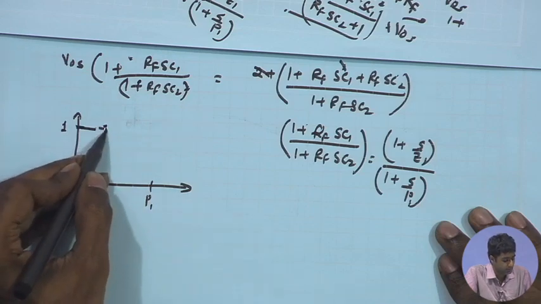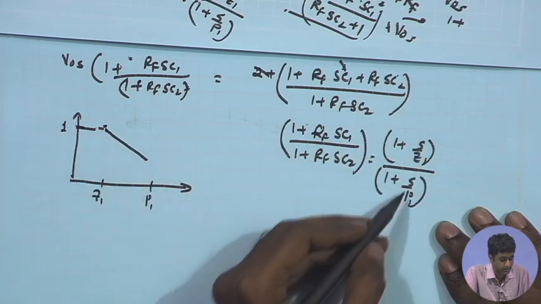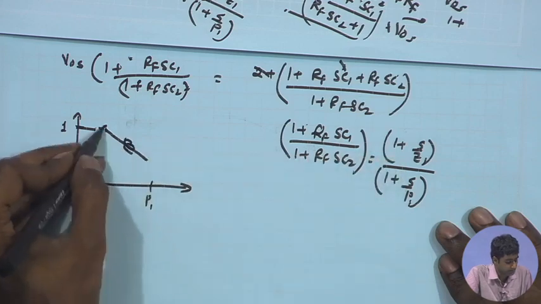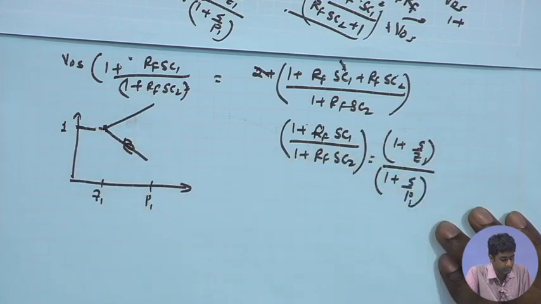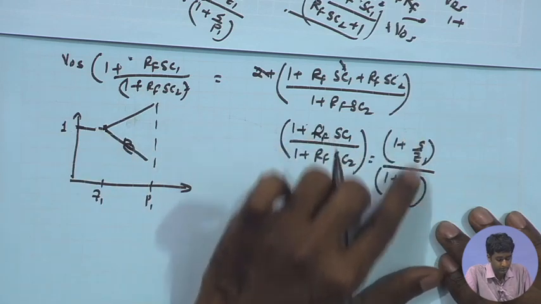After Z1, you are going to get a plus 20 dB per decade slope, and after you reach P1, you have S upon Z1 and S upon P1.